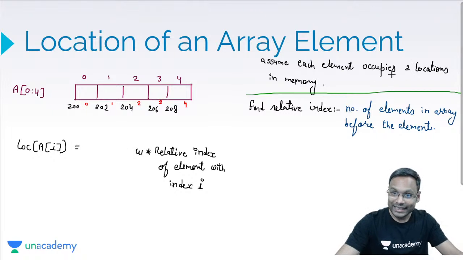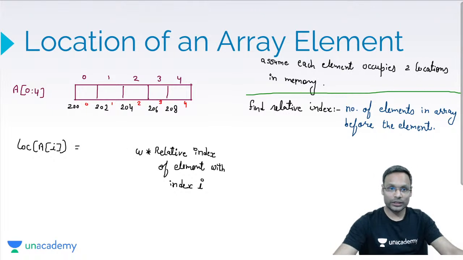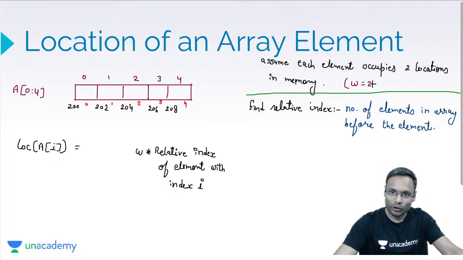What is W? Each element takes how much size. In this case W is equal to 2, each element occupies 2 locations in the memory.